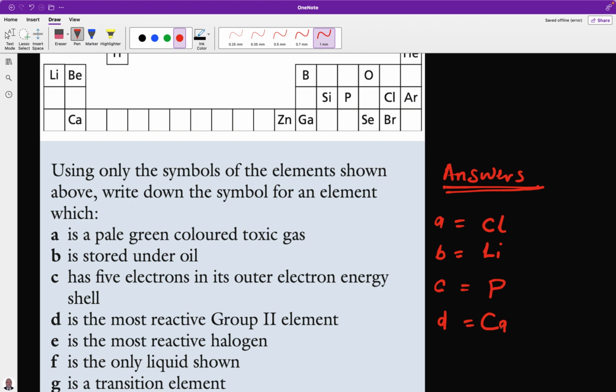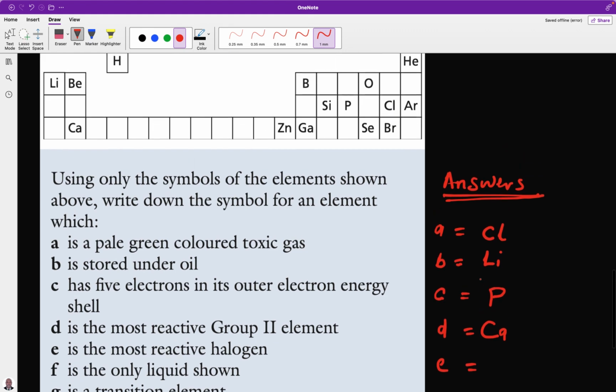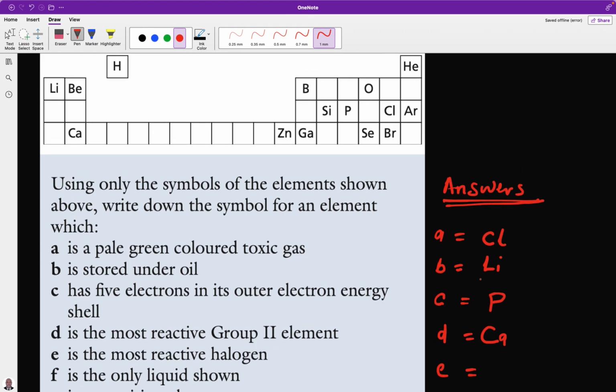Now it goes to E. Write down the symbol of an element which is the most reactive halogen. We discussed the halogens and we said that for metals, reactivity is increasing down the group.